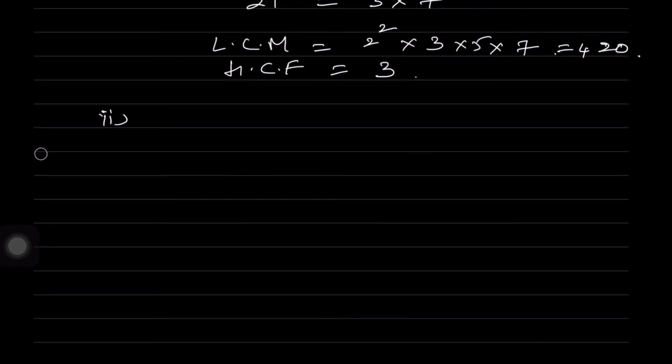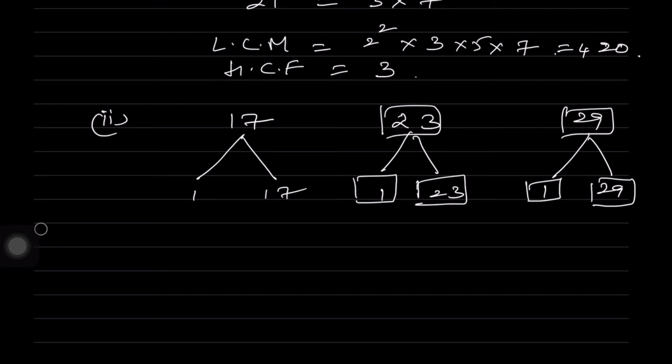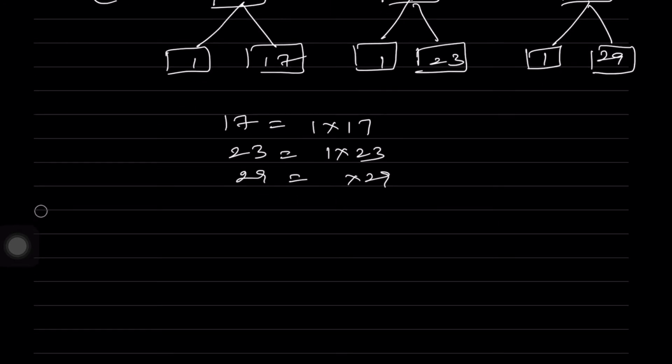So going into the second one, 17, 23 and 29. 17 is 1 into 17, 23 is 1 into 23, 29 is 1 into 29. So now we can see that all are prime numbers. 1 is common in all of them.